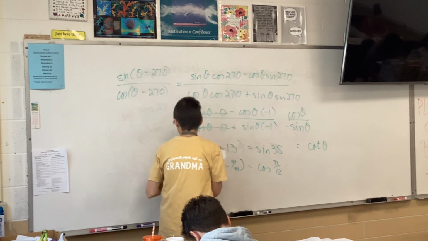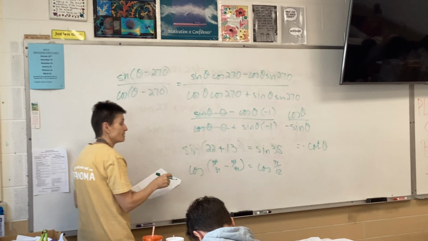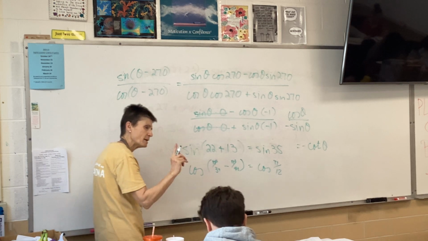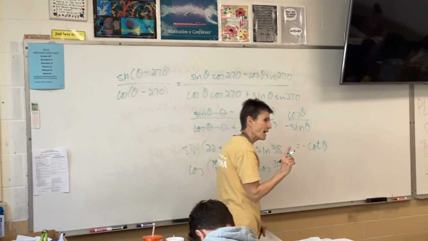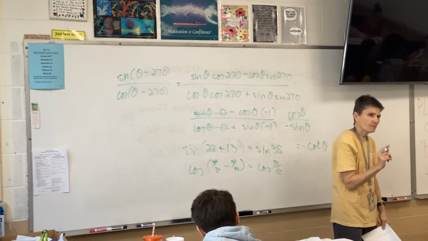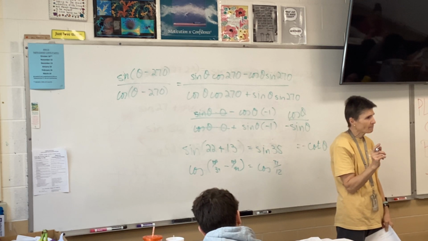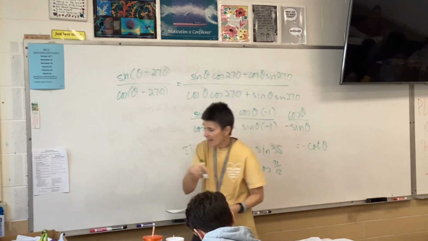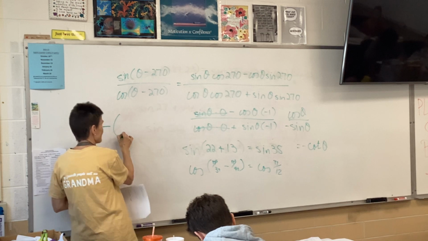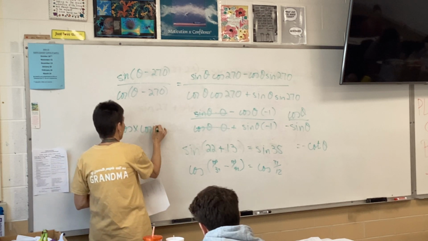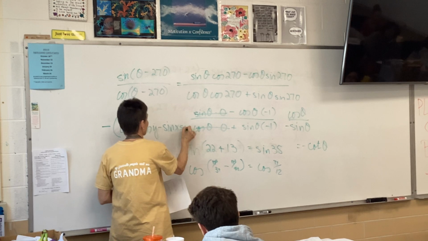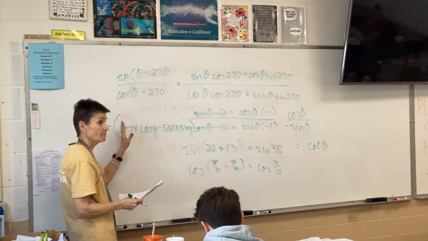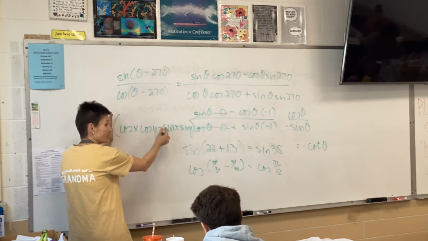All right, last one. Sine, sine, minus cosine, cosine. Wait a minute, something's not right there. Do I have a formula that's sine, sine, minus cosine, cosine? It's the opposite of the formula that I have. So isn't it the opposite of cosine, cosine, minus sine, sine? Now, I'm not using the right letters, but isn't that what's happening? Okay, what's this one?